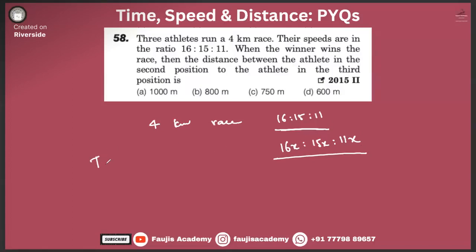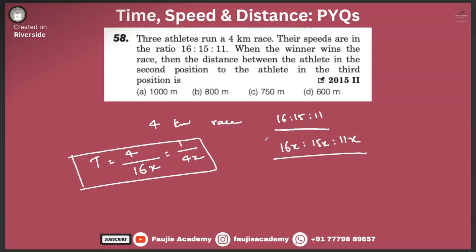Time is equal to distance by speed. Can we just take it like this only? Or simply like this, whichever you want to take. So 1 by 4x is the time. Now this is your A, this is your B, and this is your C. This one will reach first, this one second, this one third.